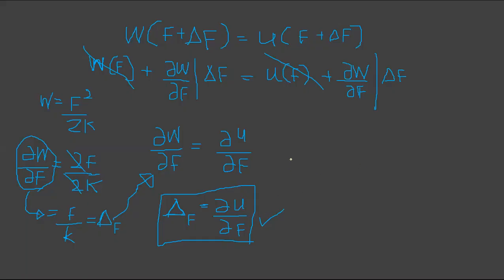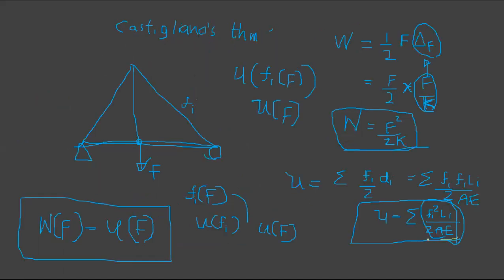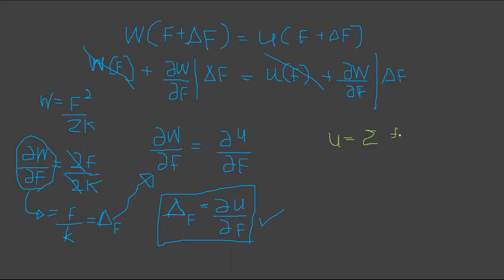So now you need to find what is this dU by dF. U was actually, you remember, sigma Fi squared Li over 2AE, right? So that you can, dU by, let's say dU by dF. So this is sigma.